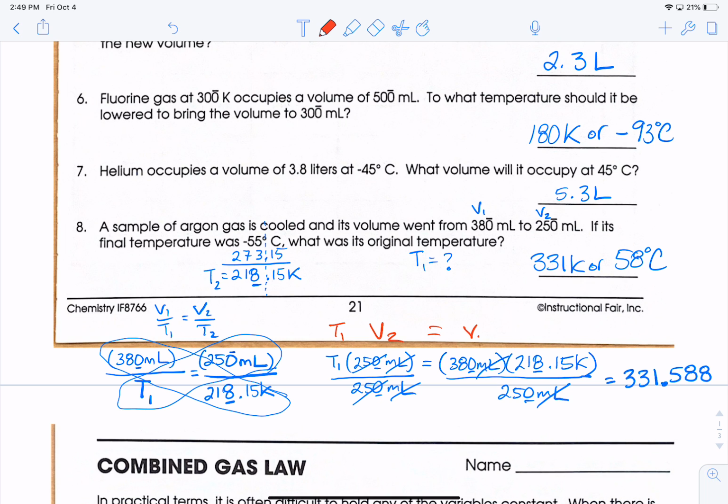Here's V2, here's T1. Wait. T2, yeah. Sorry, now I'm confusing you. Hold on. Okay, so this is V1, and this is T2. Yeah, you're right, Brian. Yeah, we plugged it in, right? Did I do something wrong there? No? I'm so confused.